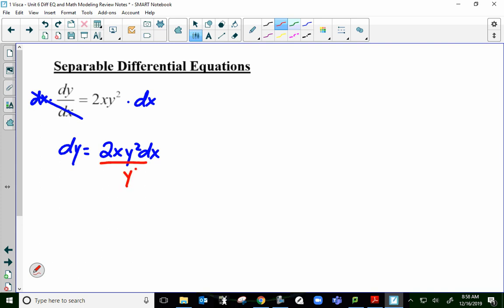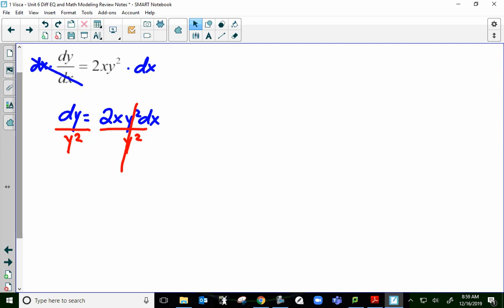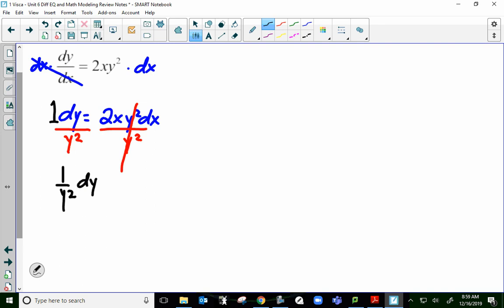So I'm going to divide by y squared. Look what I'm left with. Keep in mind this is 1 in front of the dy. So I have 1 over y squared dy equals 2x dx.